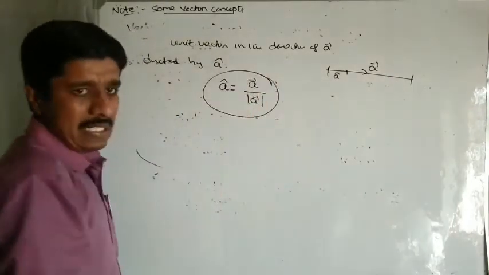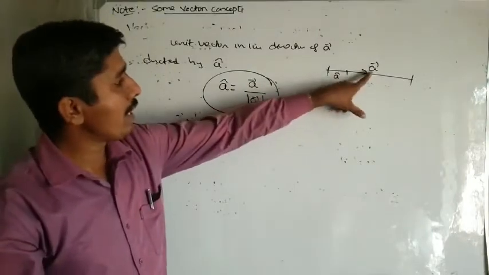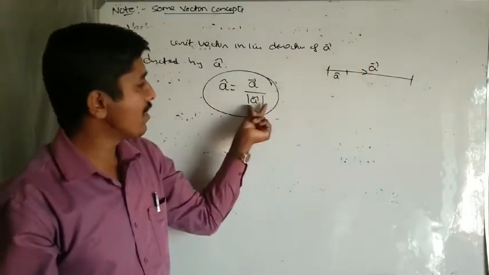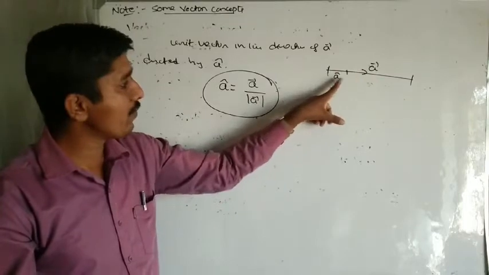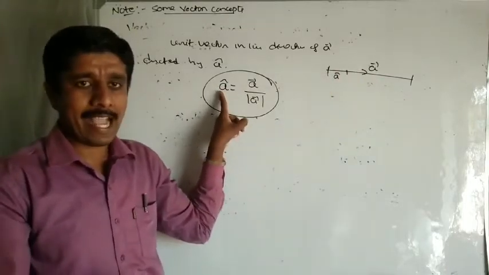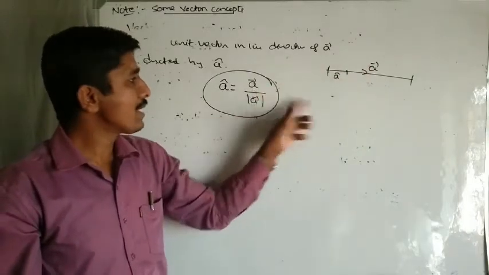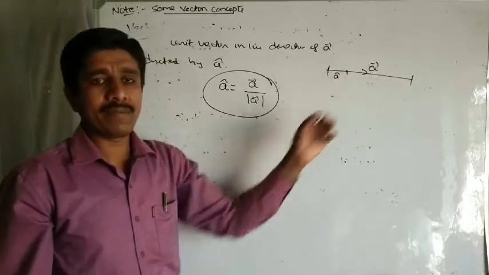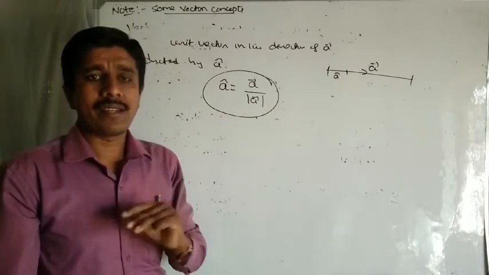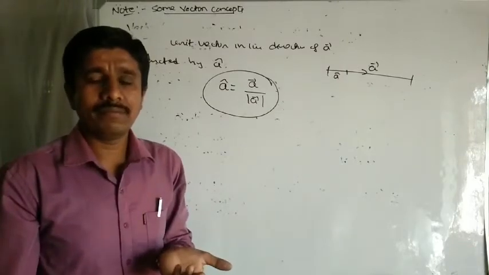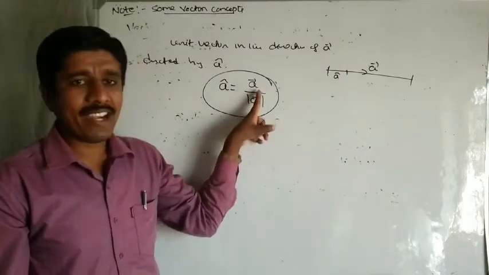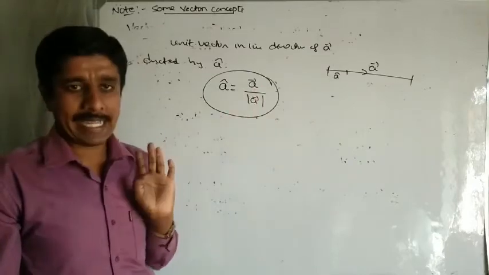One formula to note down: here this is vector A, and this is the magnitude of vector A. The unit vector of vector A is denoted A cap. A cap equals vector A divided by magnitude of vector A. This means the unit vector in the direction of vector A is given by vector A divided by the magnitude of vector A. It is denoted A cap.